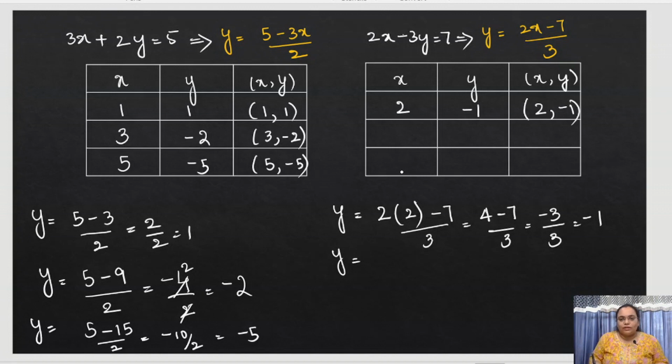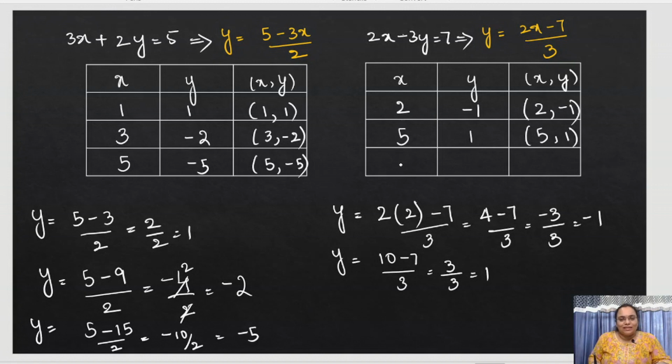Let us avoid it. If you put x equals 5, so this will be 10. So 10 minus 7 by 3, which is 3 by 3. This is 1. Okay. So the points are 5 and 1.